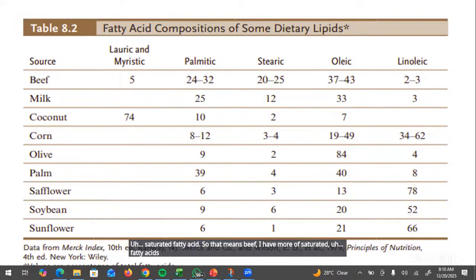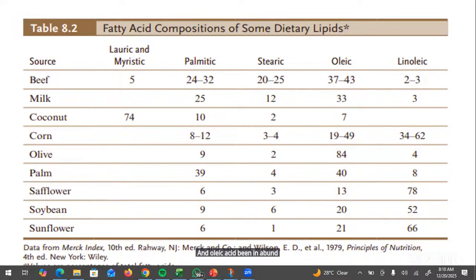Then we have the milk, which is majorly palmitic acid and oleic acid in abundance. We have the coconut, which is majorly lauric and myristic acid, short chain fatty acids. Lauric is 12, myristic is 14. That's the total number of carbon atoms in these fatty acids.